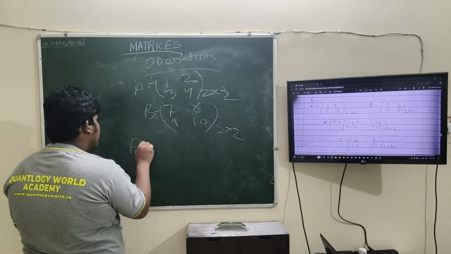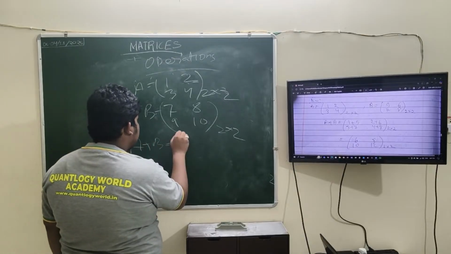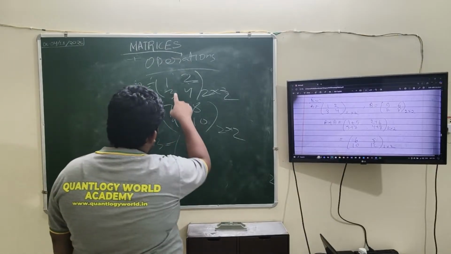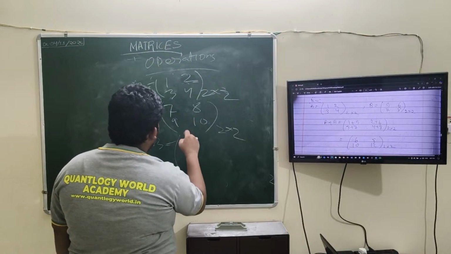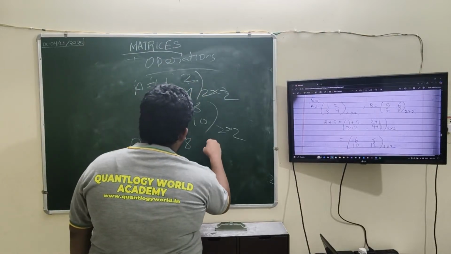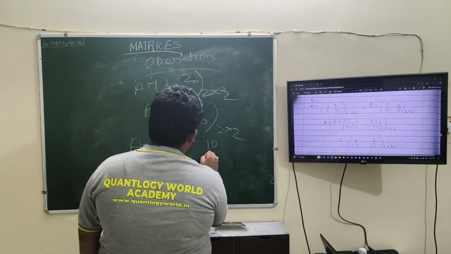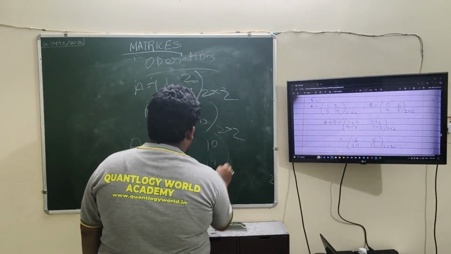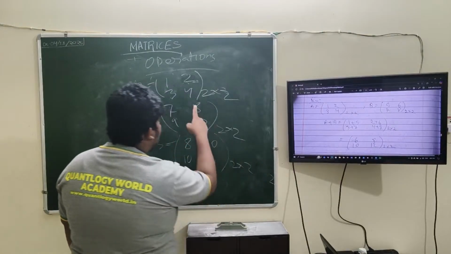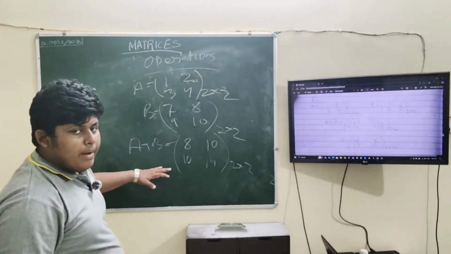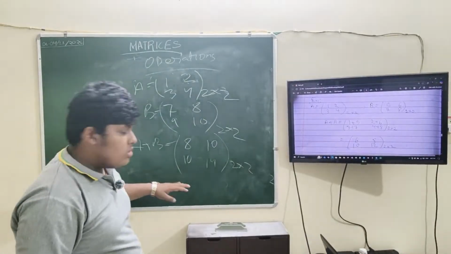So you can write A plus B as: first 1 plus 7 is 8, 2 plus 8 is 10, 3 plus 7 is 10, and 4 plus 10 is 14. The order of both the matrices is the same, and the order of the resulting matrix is also the same.